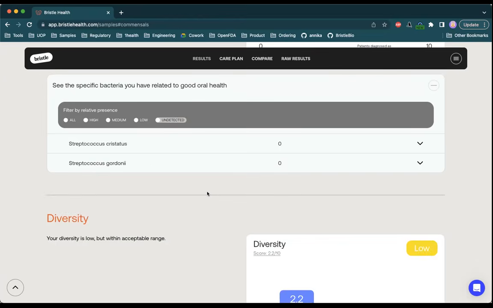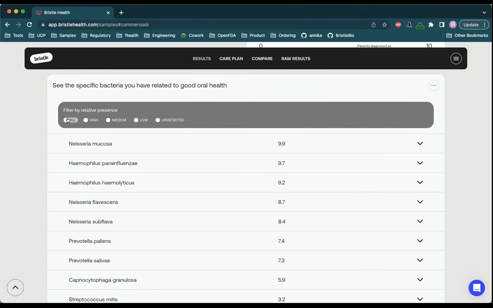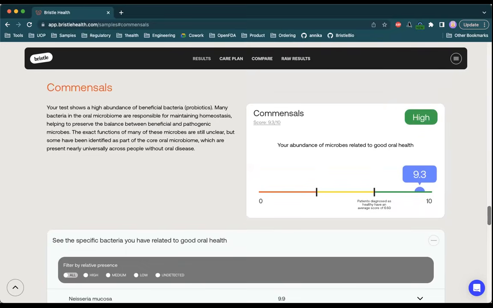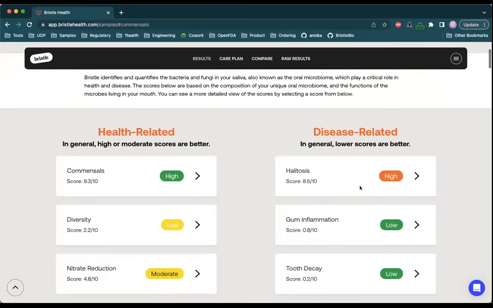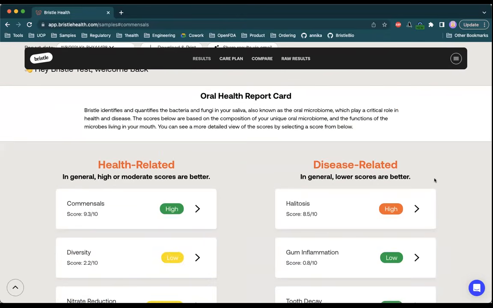So one of my goals could be to try and boost this. It turns out that certain foods can help to increase this level, and certain probiotics even can help to boost this. Exactly. So that is a pretty good summary of all the information you get from just the results section.